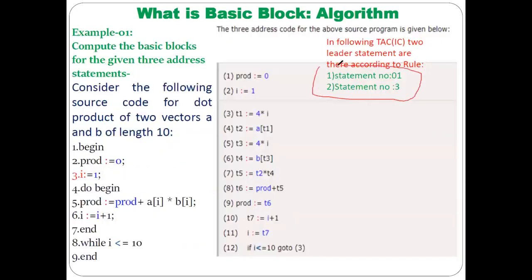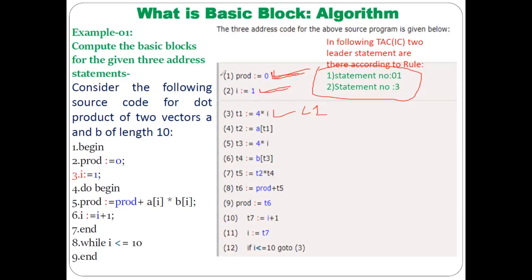Which are the leaders in our set of instructions? There are two leader statements, 1 and 3. Including the first leader statement, all the statements which follow it, till the next leader statement appears, form the block.